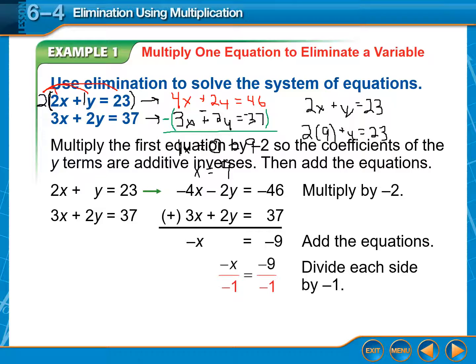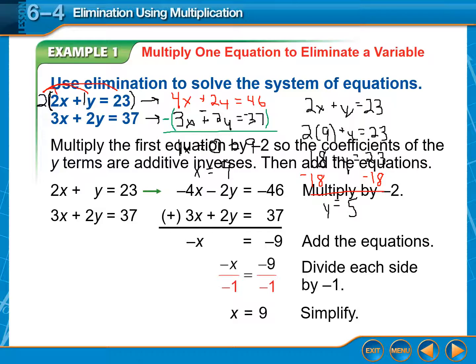And when I multiply 2 times 9, that gives me 18 plus y equals 23. And then I solve for y by subtracting 18 from both sides of my equation. If I take it away from the left, I have to take it away from the right also. And 23 minus 18 gives me a value for y of 5.